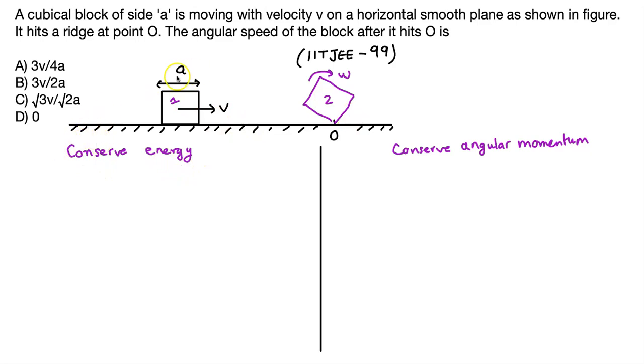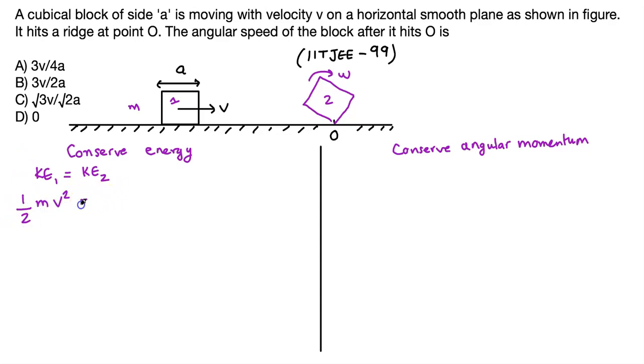So how do we conserve energy? The mass is not given to us. Let's assume it has a mass m, which I think very likely will cancel out. So the initial kinetic energy in state 1 should be equal to the final kinetic energy in state 2. The initial energy is purely translational, so that's just half m v squared.